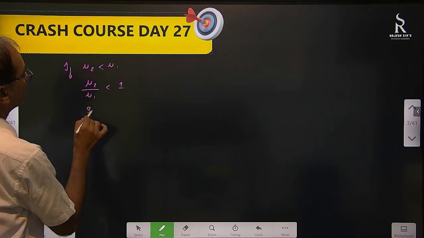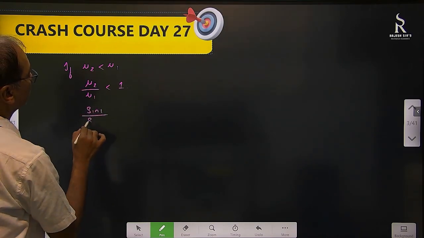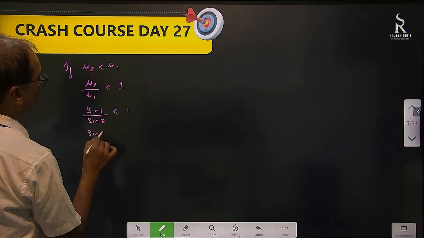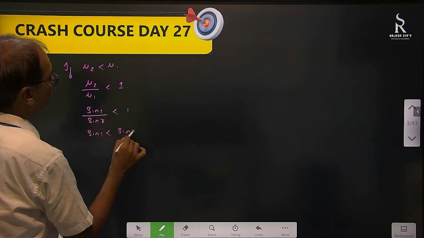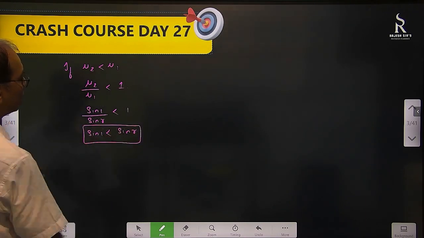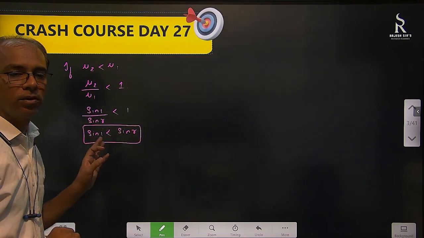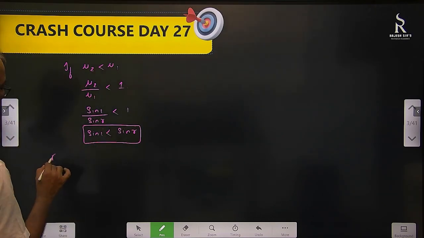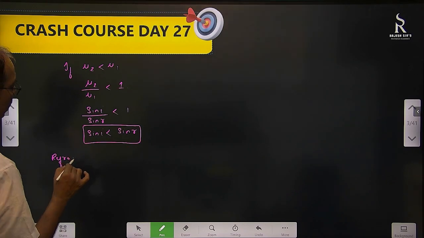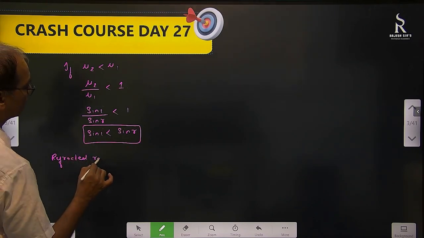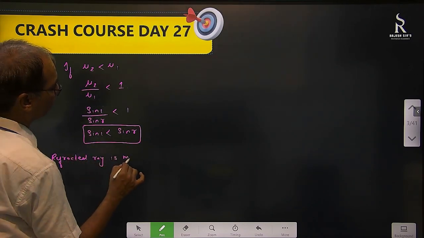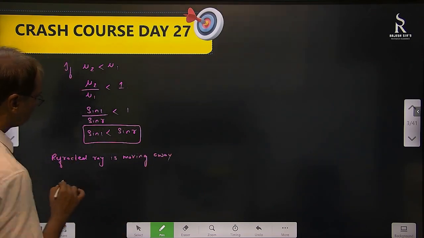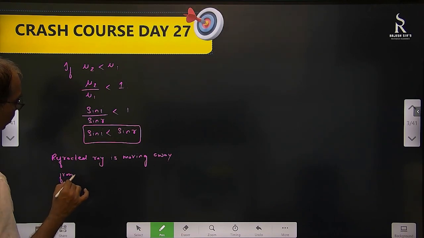That means sin I by sin R is less than 1, so sin I is smaller than sin R. Simple. That means R is greater than I, which means the refracted ray is moving away from the normal.